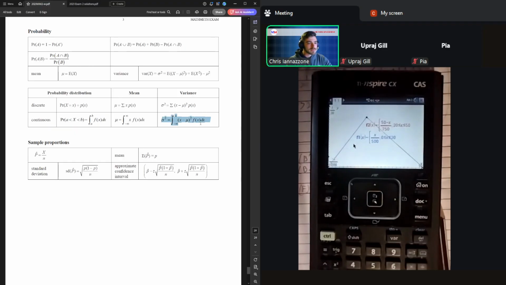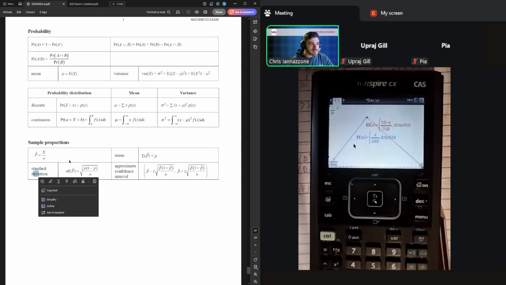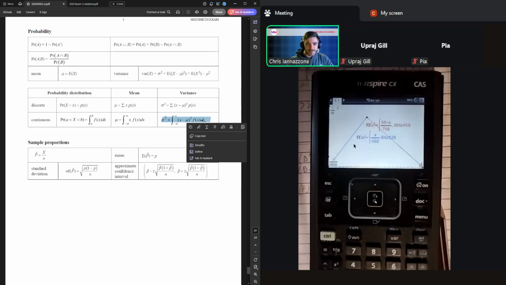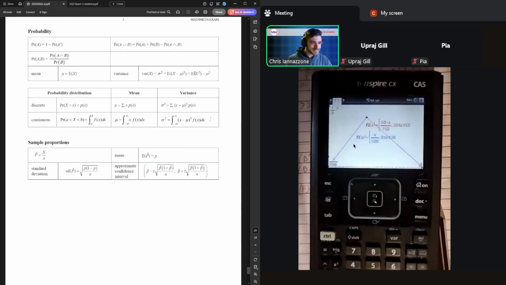So instead of using that definition of variance, use this definition of variance, E of x squared minus E of x all squared. Now, obviously, the fact that it's standard deviation means you want to root that, but the point is use this version of the inside of the root rather than this one, because while they both work, this will be painful to work with. So use that one.